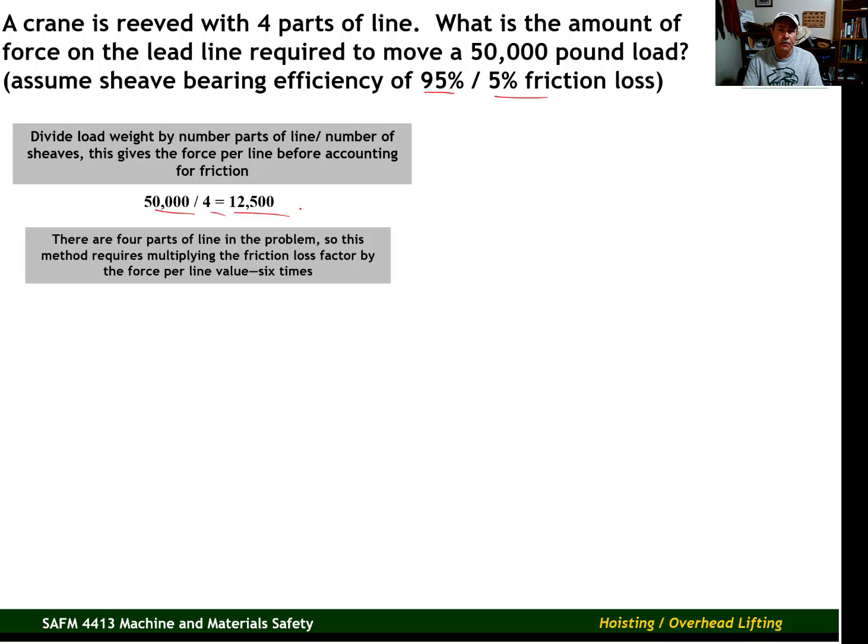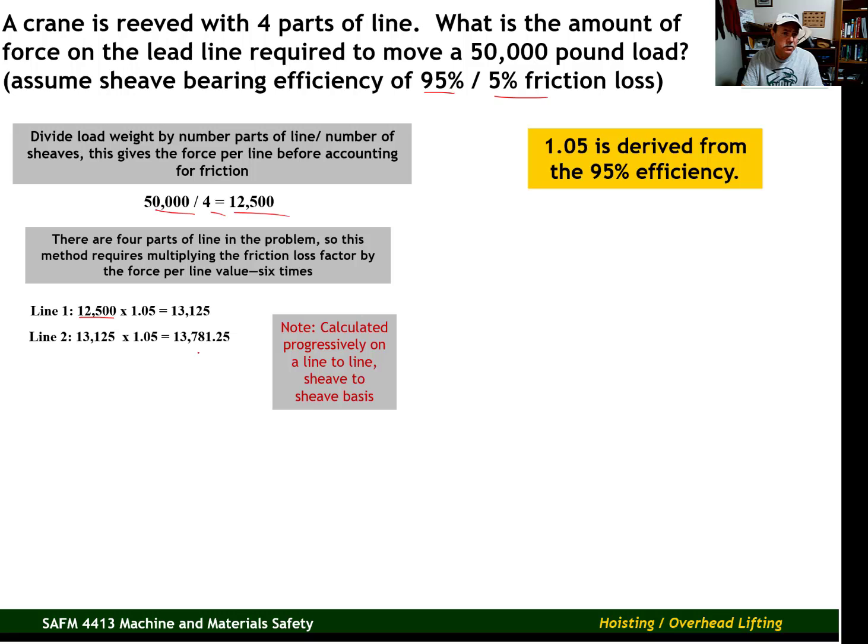Again, if there wasn't any friction, this would be the force required to move the 50,000, but we've got to account for friction. To account for friction, we multiply the individual line load for each line by 1.05. Again, it's progressive, it's cumulative. 12,500 times 1.05 is 13,125.